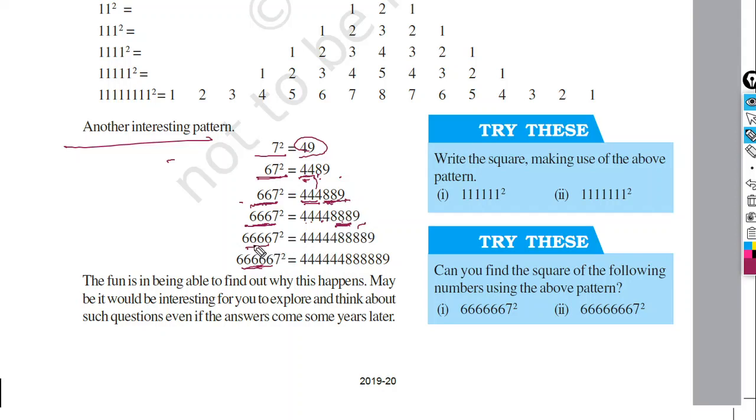Similarly, 6667 square has 4 fours, 3 eights, and a 9. Here 66667 has 5 fours, 4 eights, and a 9. So on you can move forward. Okay? So this is also a nice pattern.